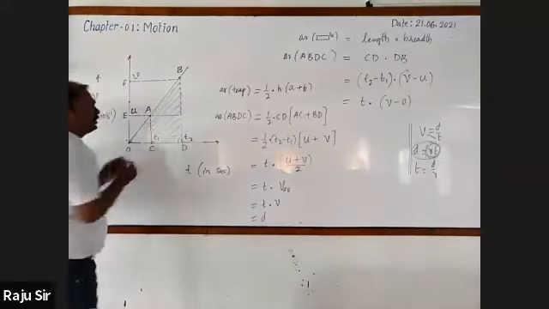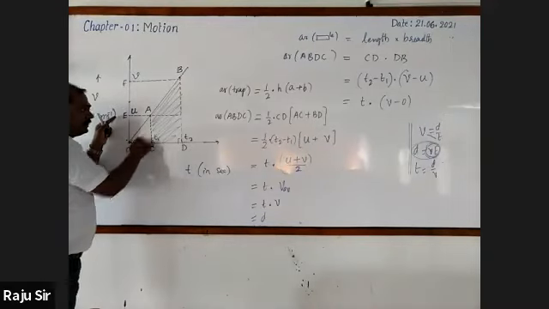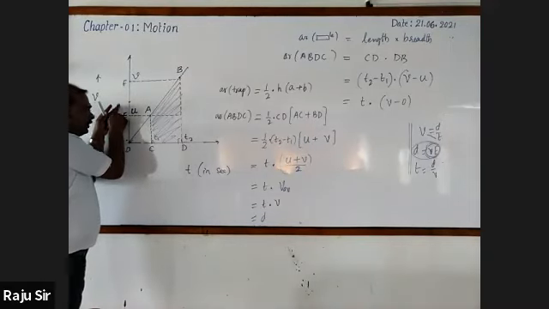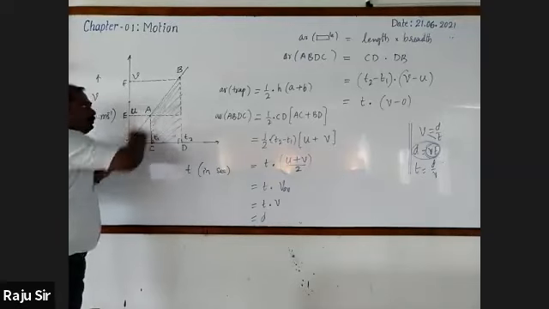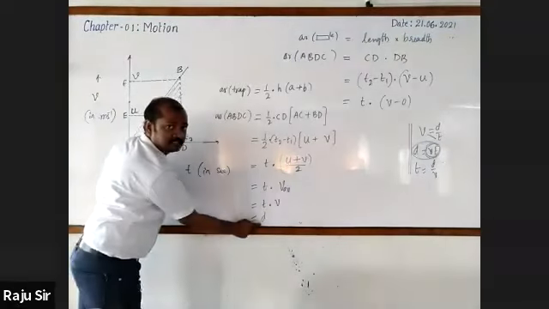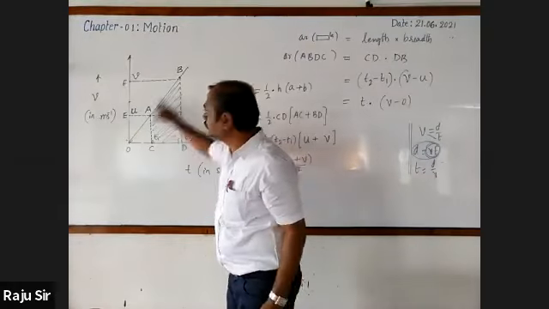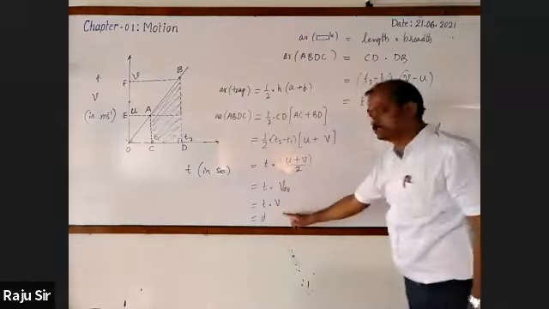Now, observe. This much area has been taken. So, area under the VT graph of uniform acceleration is distance or displacement. Once again, I repeat, area under the VT graph of uniform acceleration is displacement.